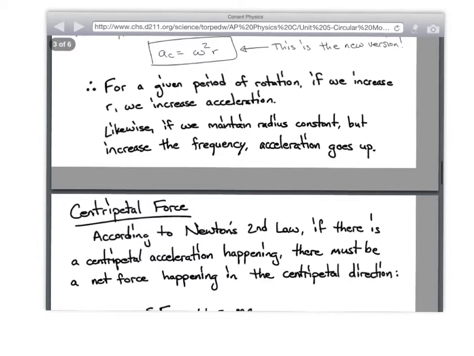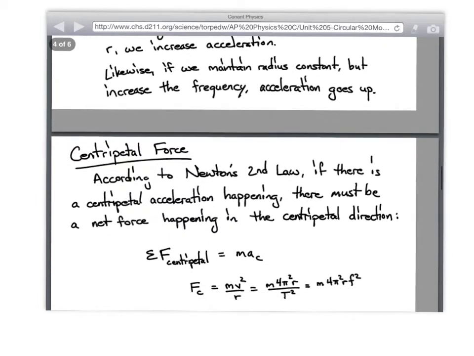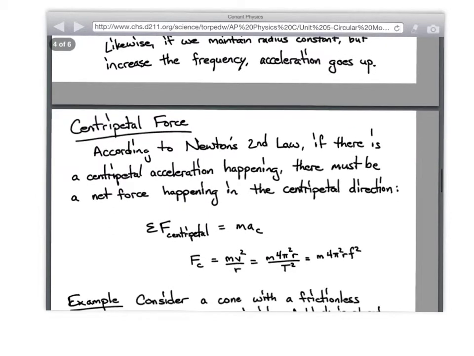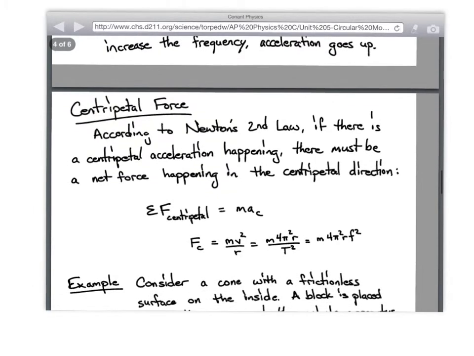Okay, if you're accelerating, what do you need? According to Newton's second law, you need a net force, right? So, the net force in the centripetal direction equals mass times the acceleration in the centripetal direction. You've all done this before, except for regular. All right. Which means, in general, you have 4 versions of F equals ma.